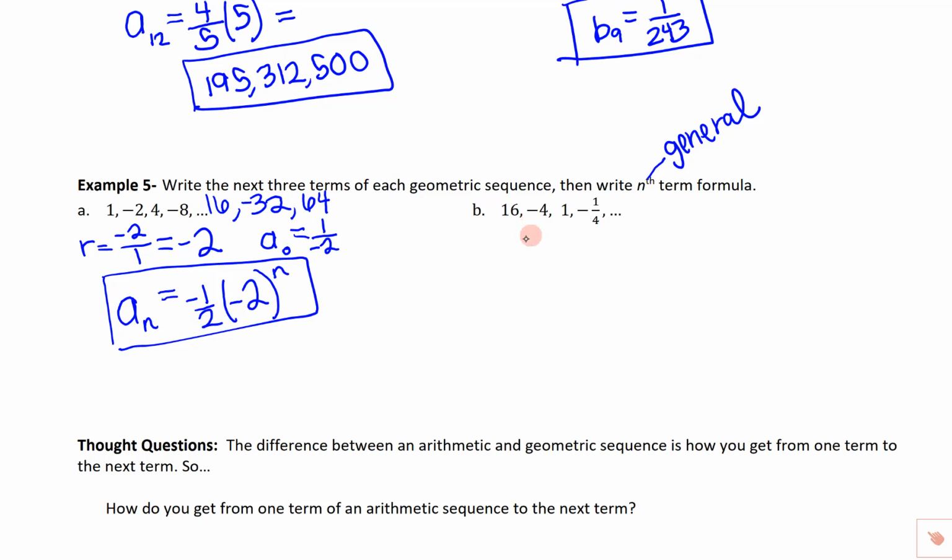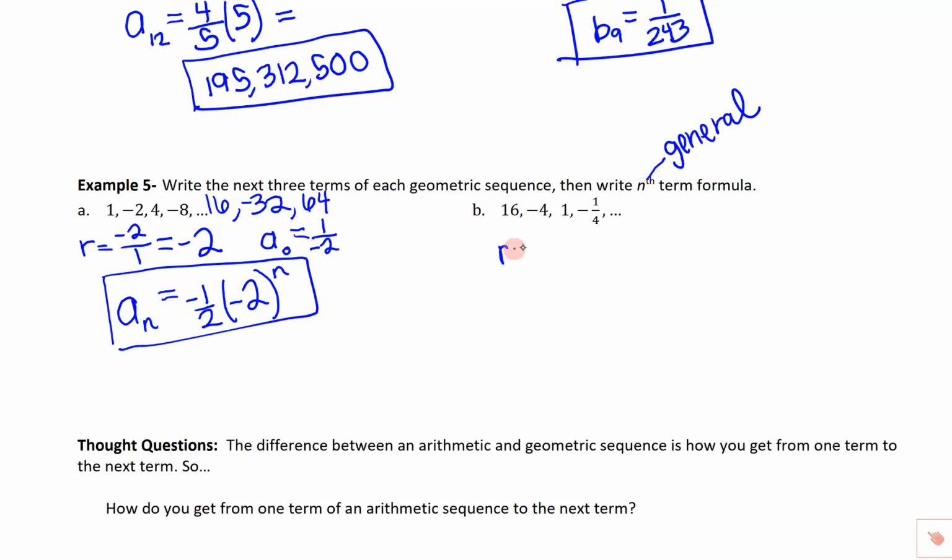Okay, here's our next one. So it's 16, -4, 1, -1/4. So they're getting smaller. So my ratio is going to be a number less than 1 since it's getting smaller, and then it goes positive, negative. So I know it's going to be a negative number also.